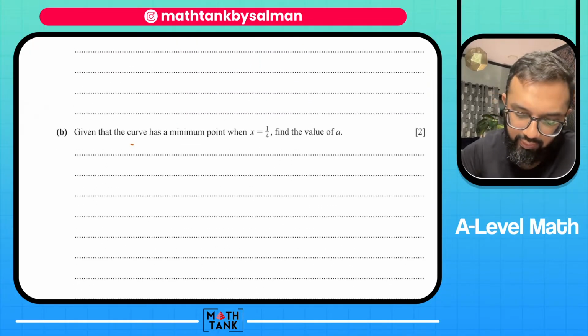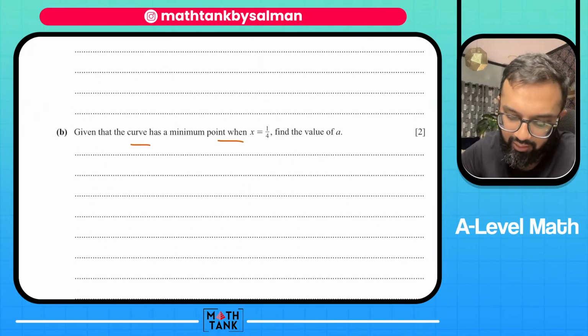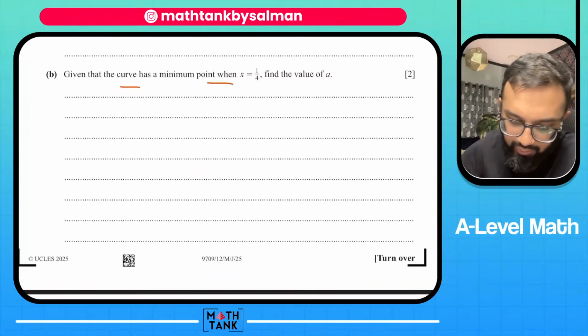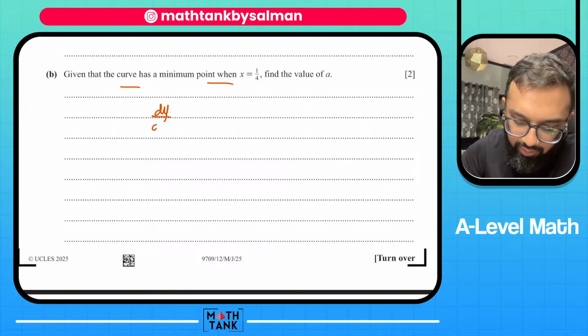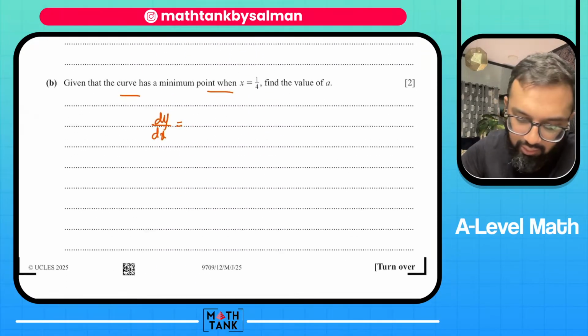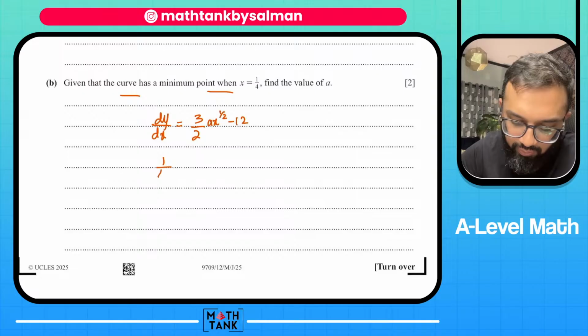And then it says that the curve has a minimum point when x equals 1 over 4. That means that dy by dx is equal to 0. dy by dx was 3 over 2a x power half, 1 over 4 is the value for x.